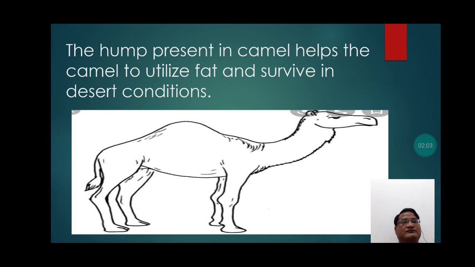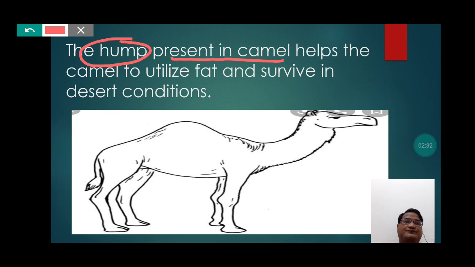The hump present in the camel helps the camel to utilize fat and survive in desert conditions. So students, the hump actually is the morphological change present in the camel due to which the camel can utilize the fat stored in the hump.